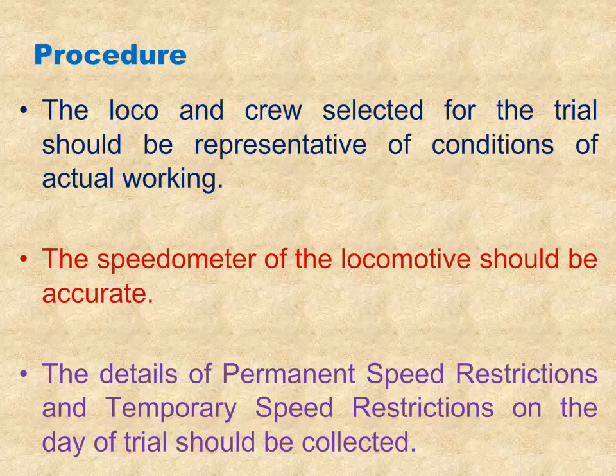Procedure. The loco and crew selected for the trial should be representative of conditions of actual working. The speedometer of the locomotive should be accurate. The details of permanent speed restrictions and temporary speed restrictions on the day of the trial should be collected.